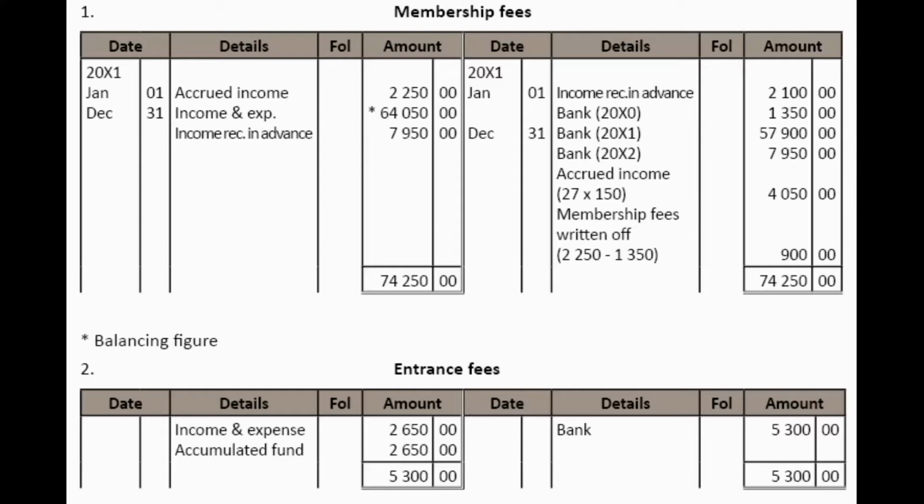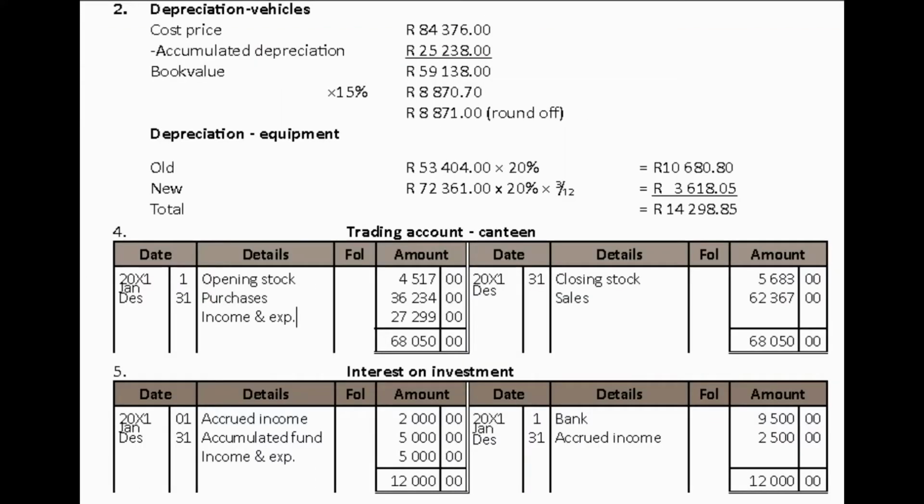If they say half must be capitalized, you take half out and transfer it to your accumulated fund account, and that is 2,650. And the other half you can transfer to the income and expenditure account. So you debit entrance fees, credit income and expenditure account, and you debit entrance fees and credit accumulated fund account.